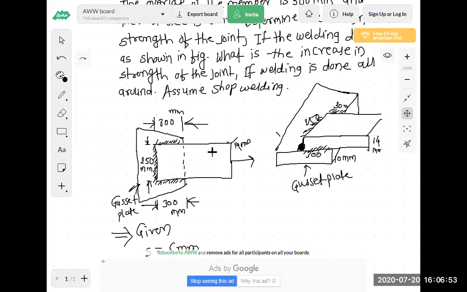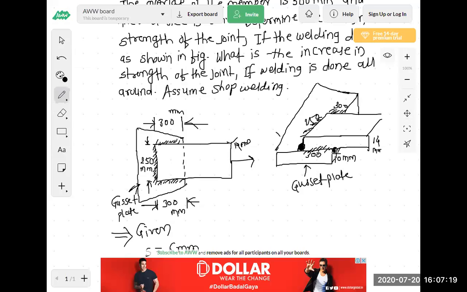Please see the figure on the screen. It means this 300, 300, 250 and one more 250 here, means this bottom side also. If we weld, then how much length of weld will be there?